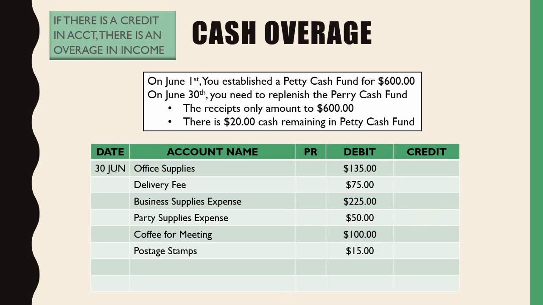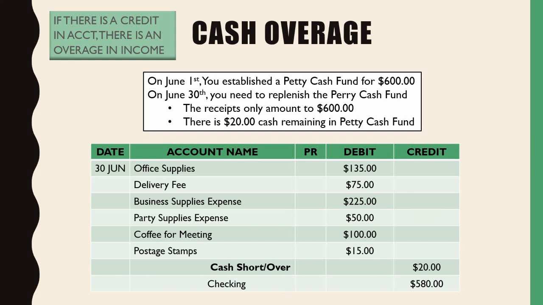So again, if you have this cash overage, you're just going to recognize that you have $20 cash overage, and then you're going to recognize and write a check for the equal amount of $600. So since I have $20 over, that's $20 extra in the petty cash drawer already.